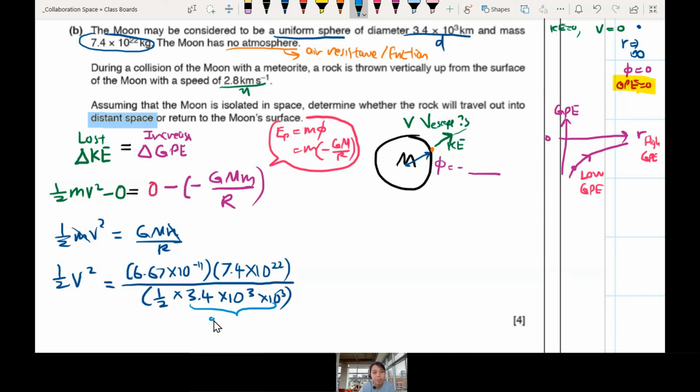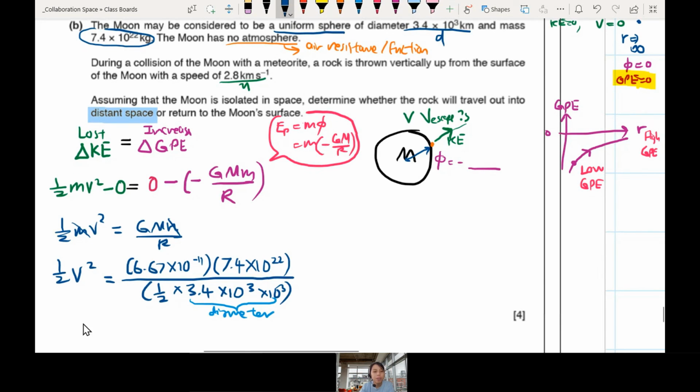This is your diameter. Okay. So if you use this method to check how much velocity you need to escape, we call this the escape velocity. This will be about 2.4 kilometers per second.